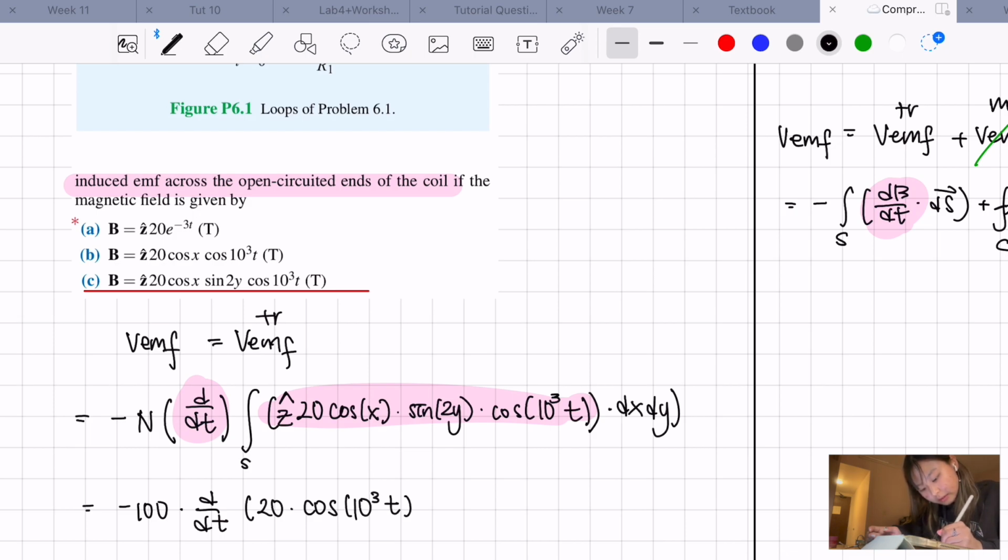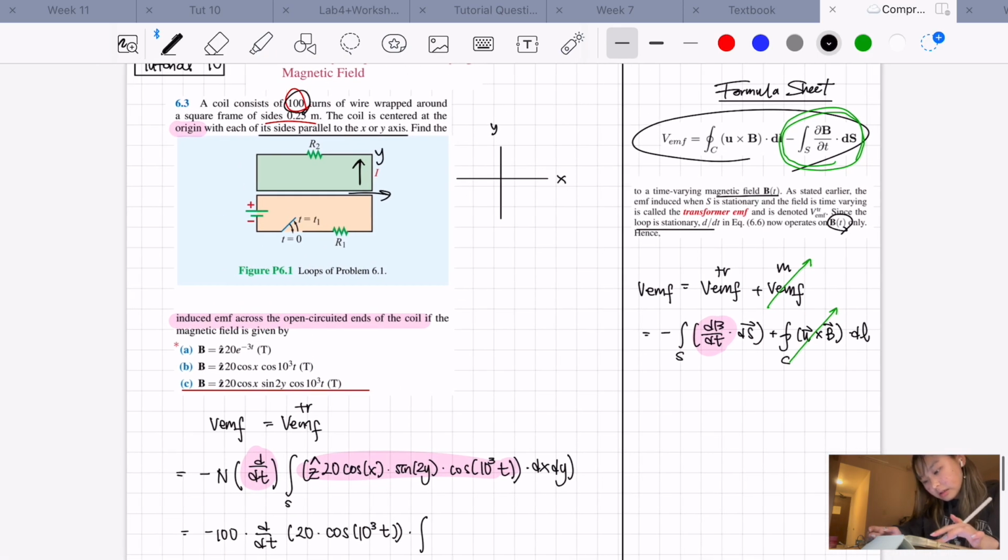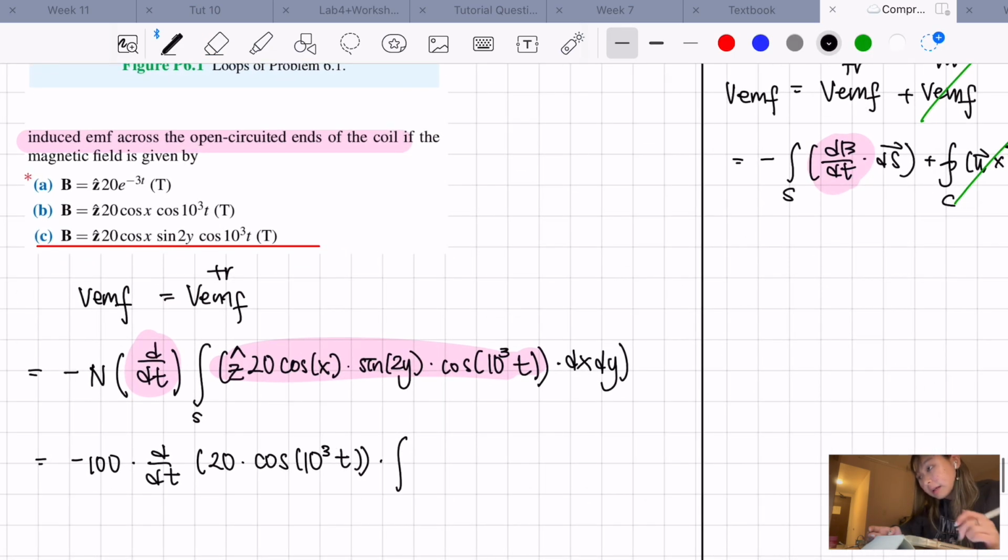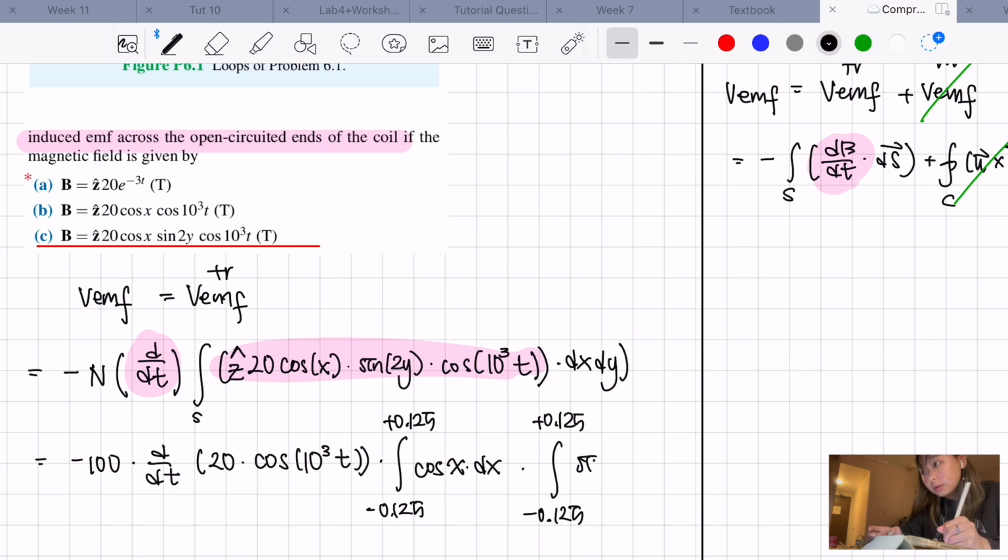Then, because we were given in the question that it's a square and the sides are 0.25, and it is centered at the origin, the left side will be negative 0.125 and the right side positive 0.125. So the integral of cosine x dx from negative 0.125 to positive 0.125, multiplied by the integral of sine 2y dy from negative 0.125 to positive 0.125, will be our equation.